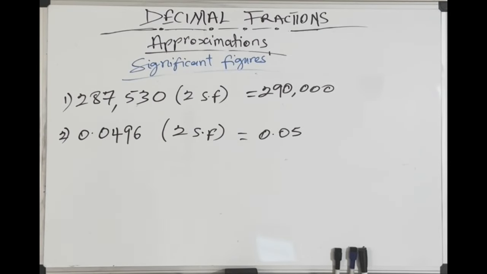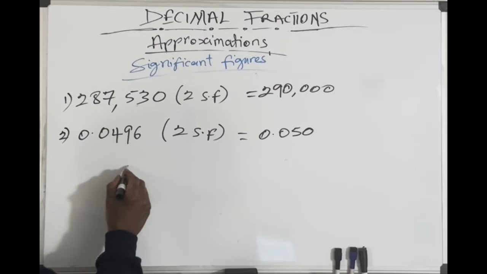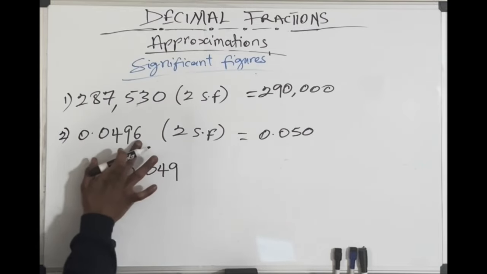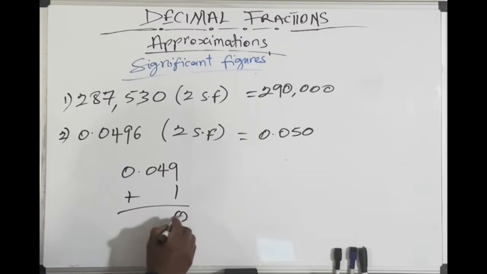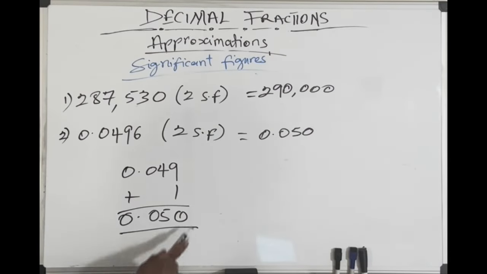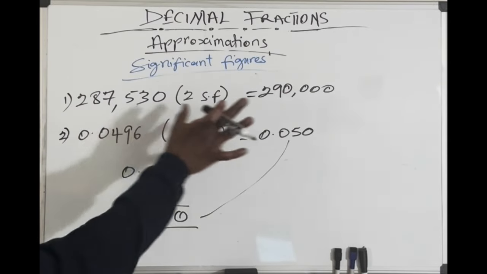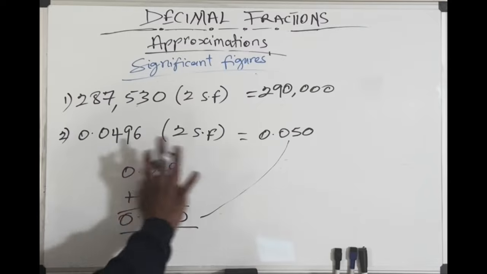We have to add 0 to it because 0.049, the 6 will be turned to a plus 1, so 0 and 5 and 0. So this should be our final answer. So this is the difference: because it's a value, you replace it with zeros. Because it's a decimal number, you just ignore the rest.